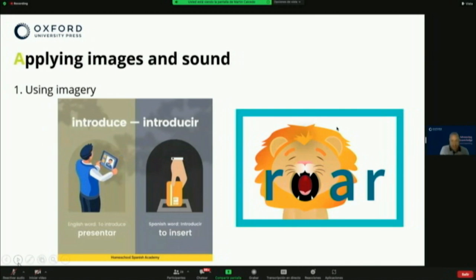Using imagery in this case, when students are using it, they are trying to remember their native language vocabulary to remember their target language. And of course, I can imagine that some of us are thinking, oh, hold on, are we talking about using L1? Yes. Why not?